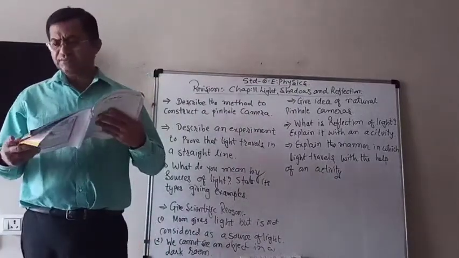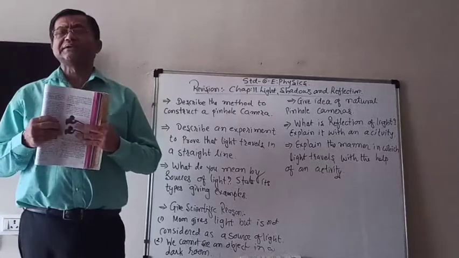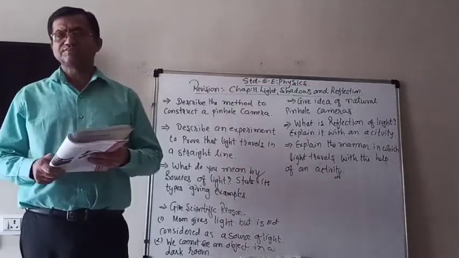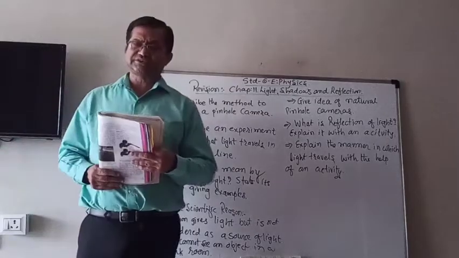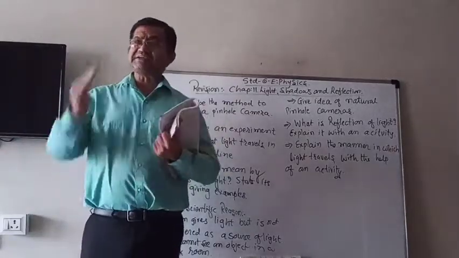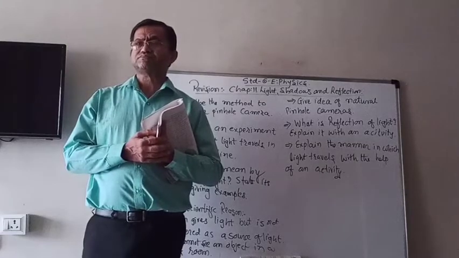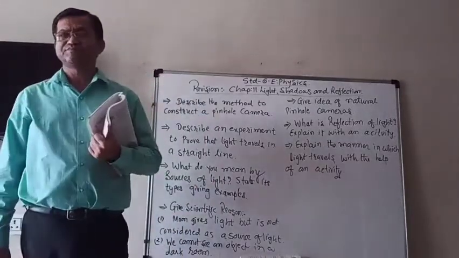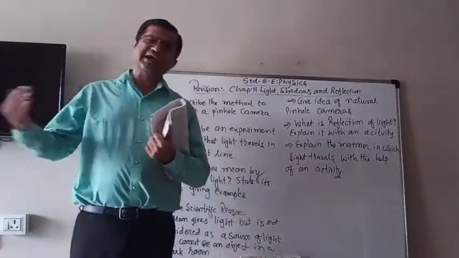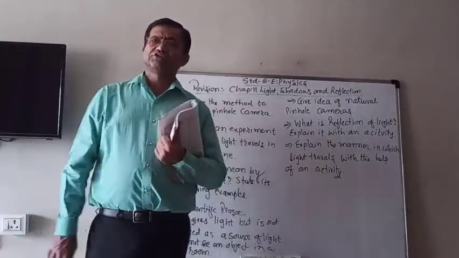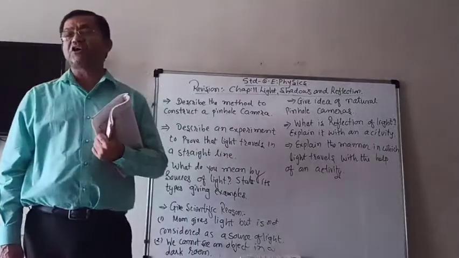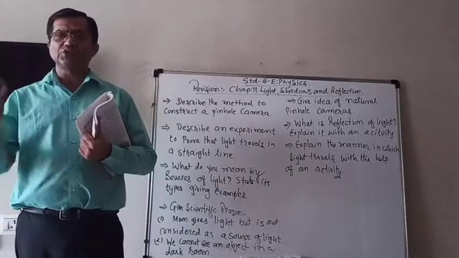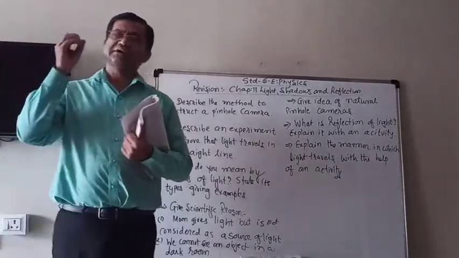Then you will see that the candle flame will not be visible, because when the pipe is bent, the light enters the pipe, but then because it is bent, the light will stop, and the rays of the light will not pass through that pipe and will not reach our eyes. So we won't be able to see that flame.